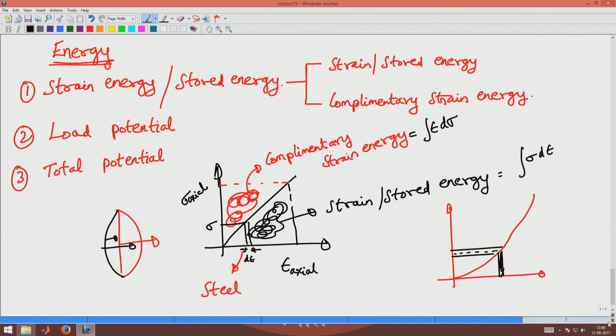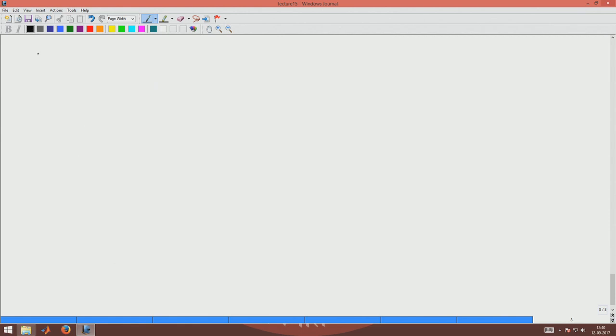Now, let us do this for a uniaxial case of a linear elastic material. We know that for linear elastic material sigma is given by lambda trace epsilon identity plus 2 mu epsilon. Okay.